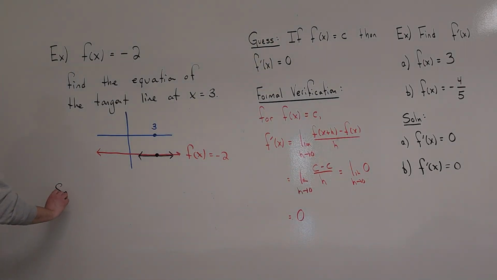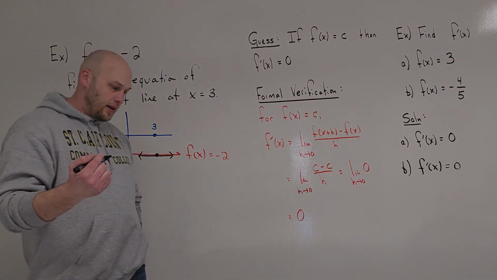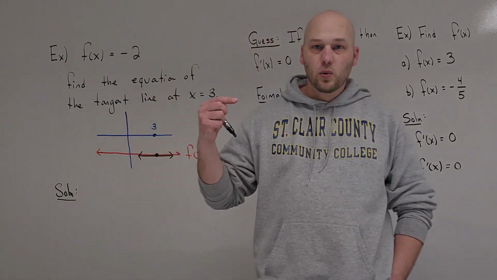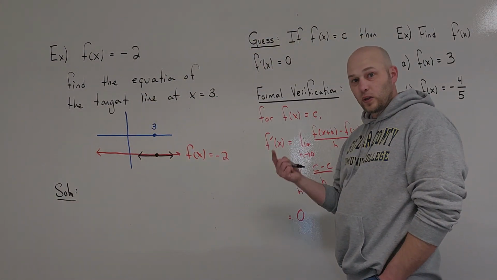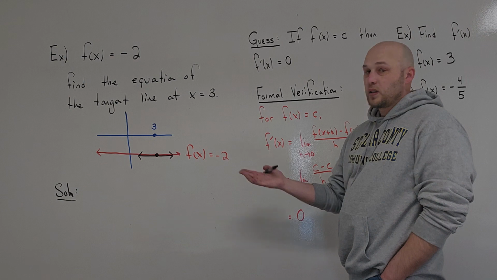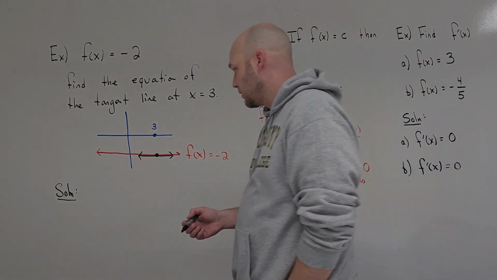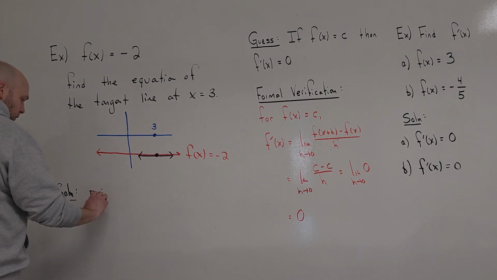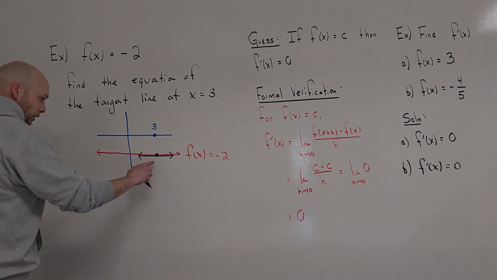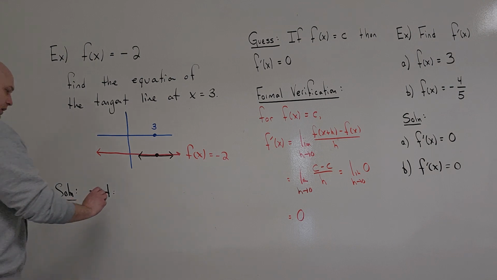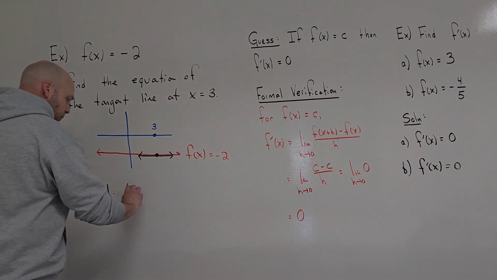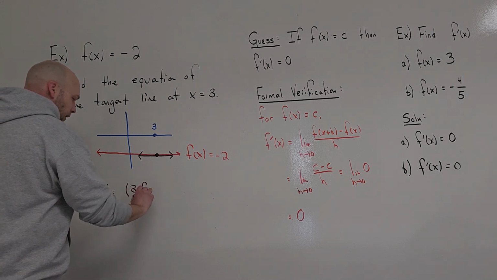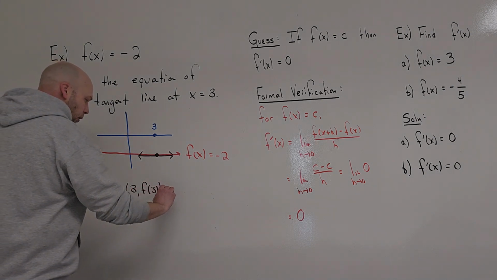So, solution. For the equation of any line, we need to find a sequence of 3 things. What's the point on the line, what's the slope, and what is then the equation? So we put all those 3 things together. All right, the point on the line, which would of course be this point of tangency, has the following coordinates: the x value, which is your input, and then comma the function value evaluated at that point.